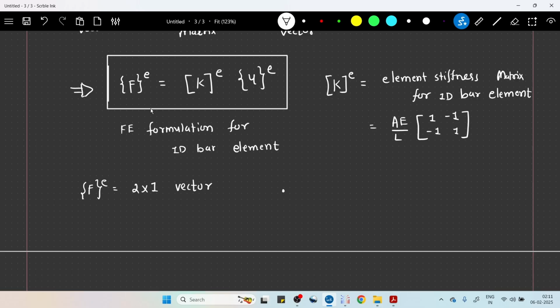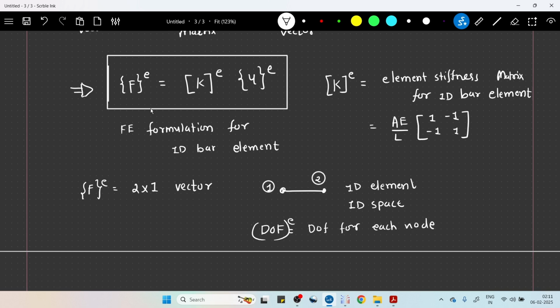Okay, we were talking about a 1D element, which has two nodes, node 1 and node 2. In 1D space, the force vector is nothing but a 2 by 1 vector. So the element degree of freedom is the degree of freedom for each node of that element.